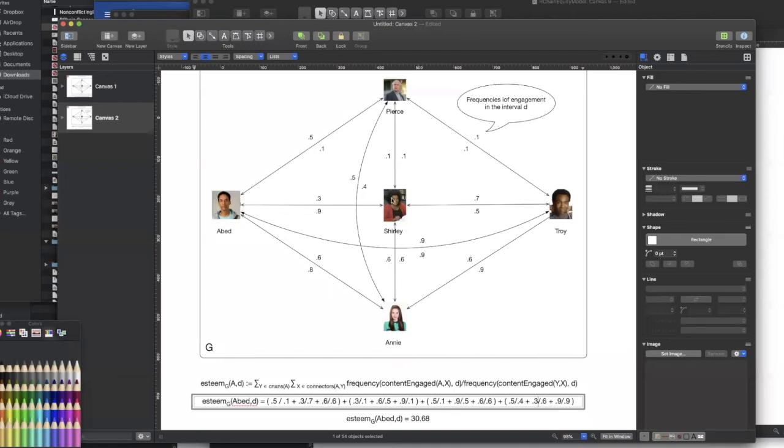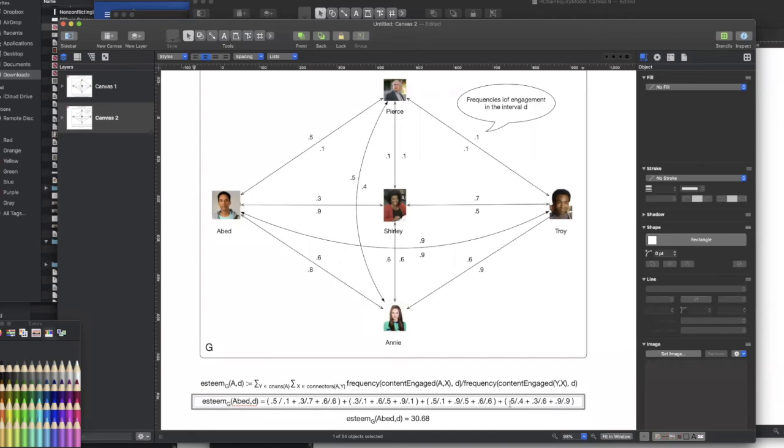So now this component here is just going to measure Abed and Annie. So what we're checking, and it's just a sanity check before we look at the numbers. Sanity check in the same way that we counted that the number of components is correct. We need to check that the number of summands inside this component is correct.